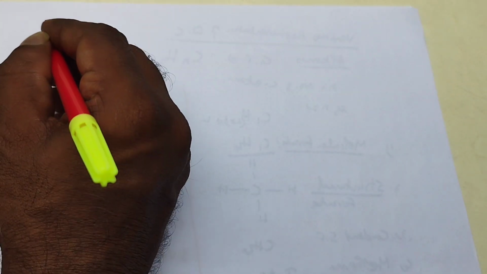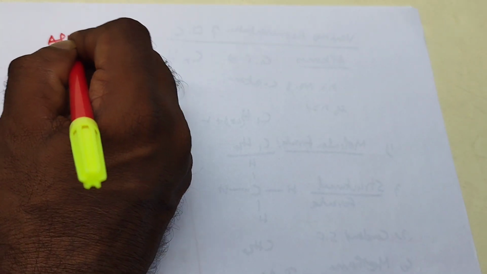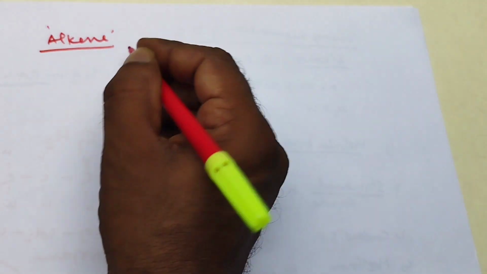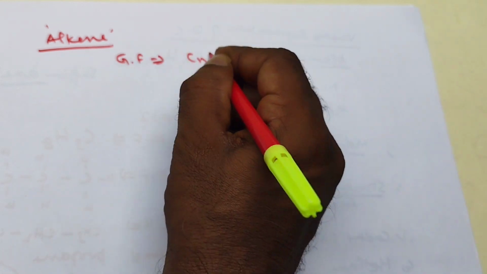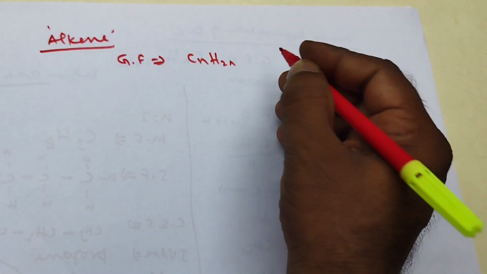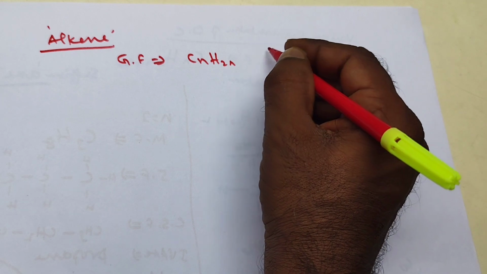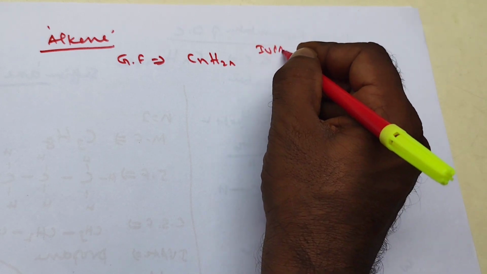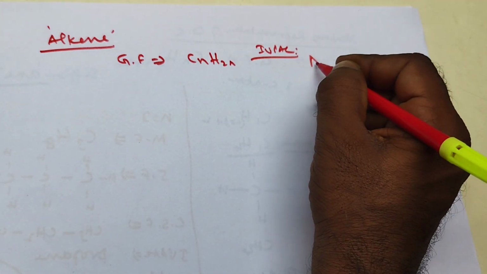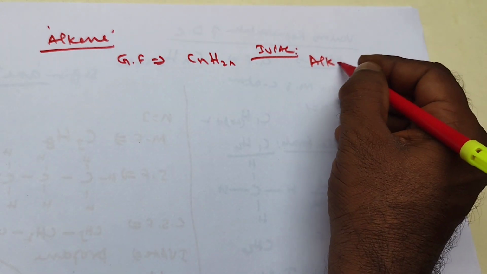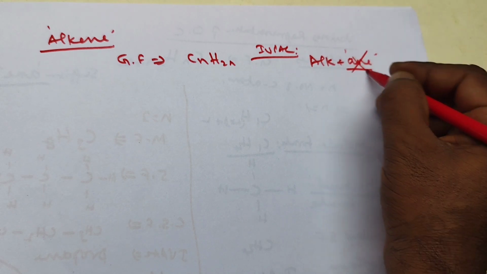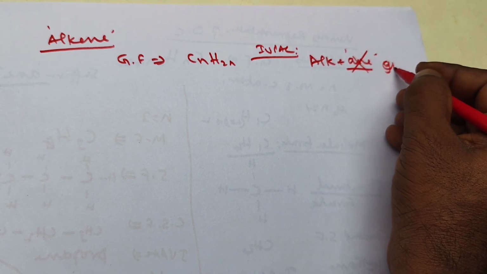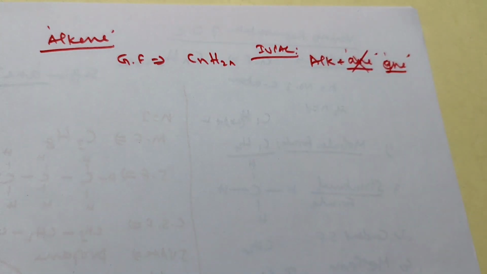Now we'll take alkenes. Already told you the general formula is CnH2n. So while writing the IUPAC names, the general format is: Alk plus the previous name, the parent name, where ANE is replaced by ENE.